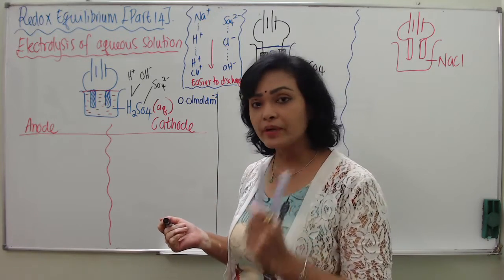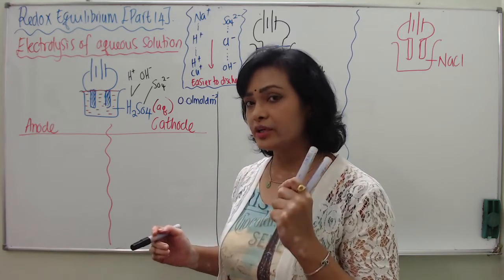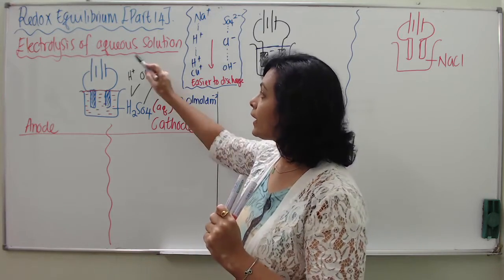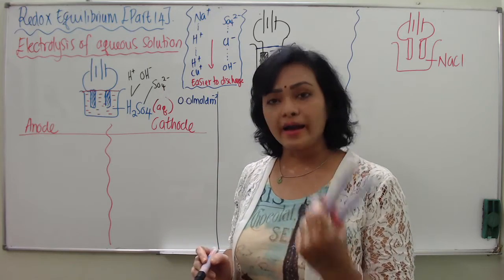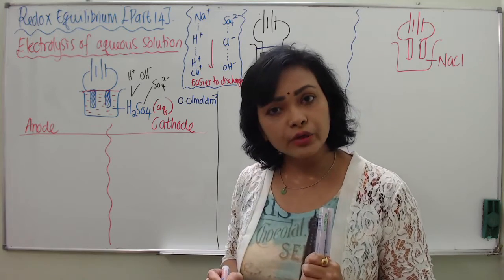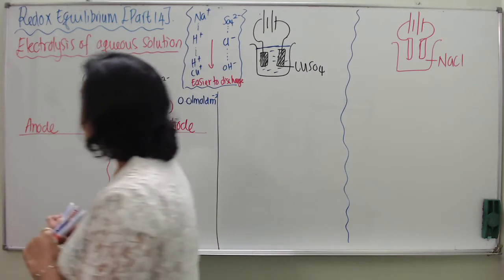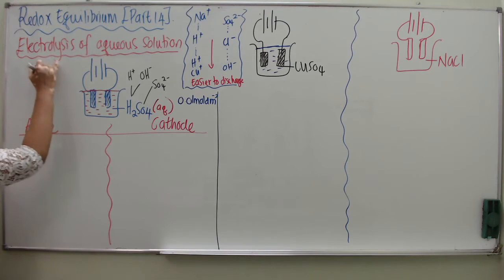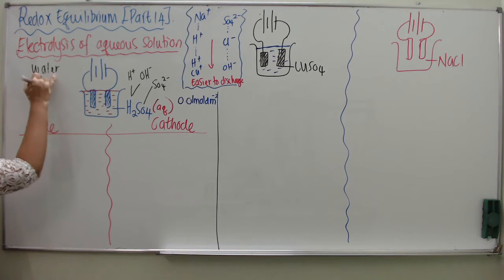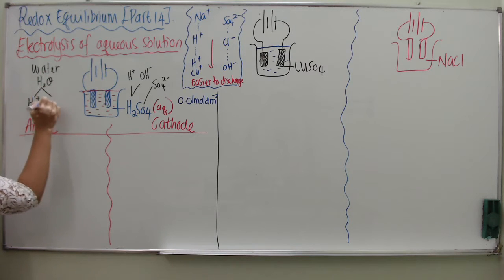Please remember, even before we start this electrolysis, I mentioned that aqueous solutions are acids or ionic compounds which have been diluted in water. So please remember that water, H2O, comprises hydrogen ion and of course hydroxide ion.